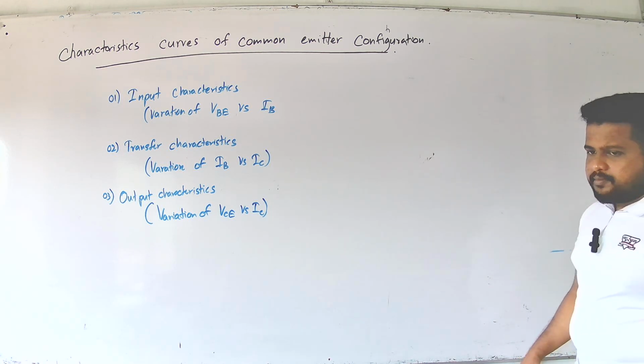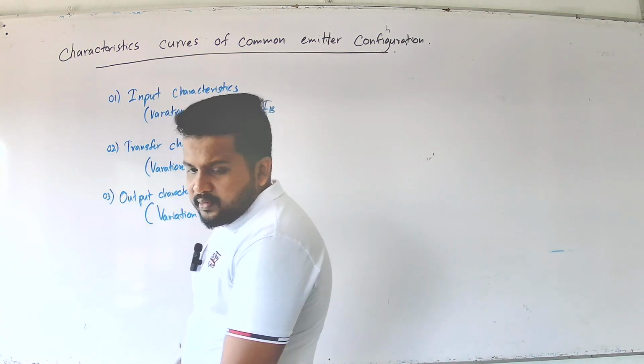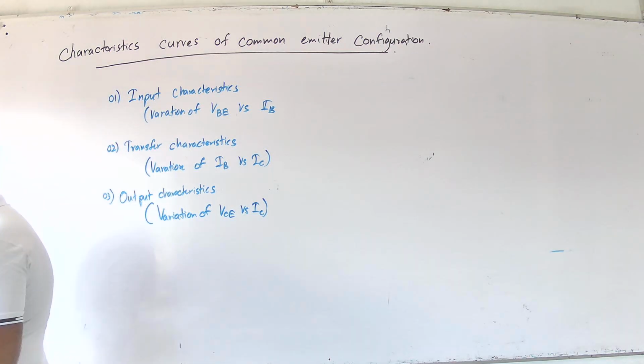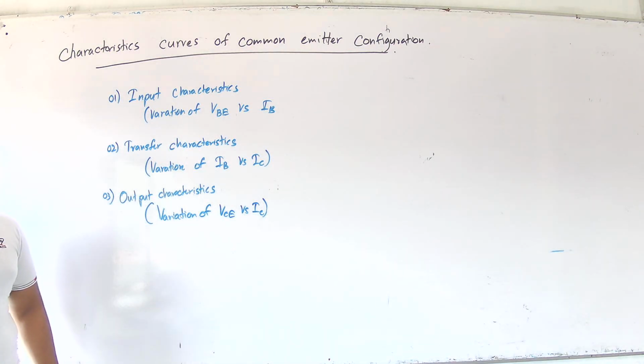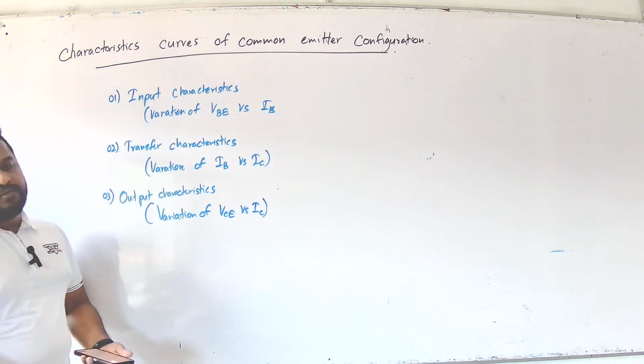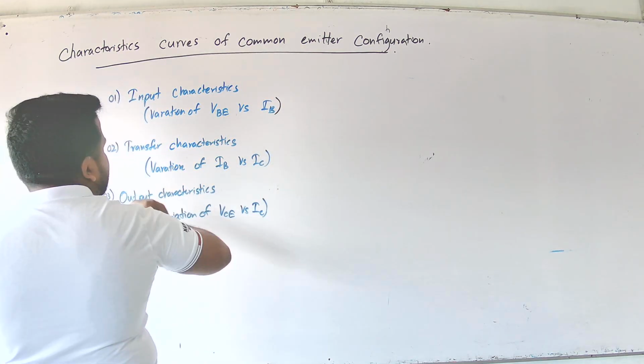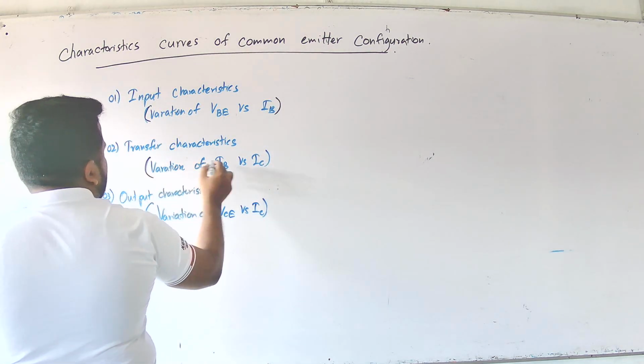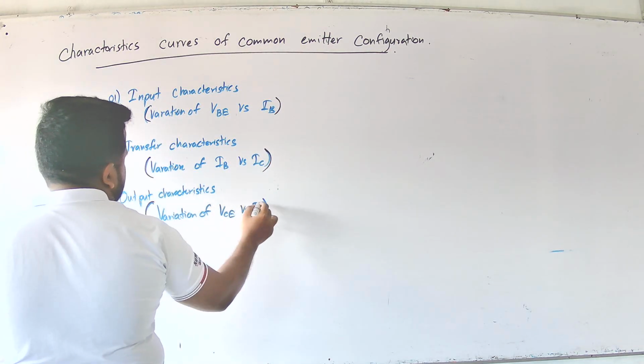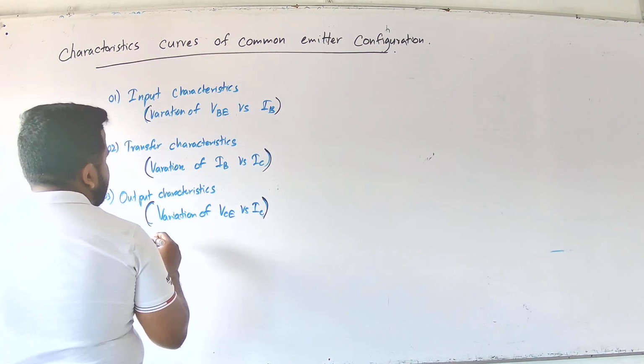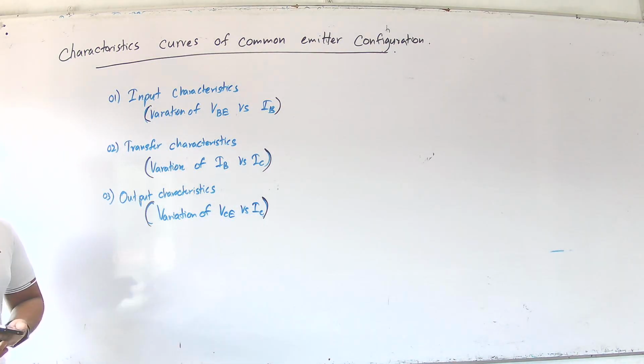Write down number one: input characteristics, variation of VBE versus IB. Output characteristics, the transfer characteristics, and we have to study separately. Right? Okay, write down this one. Input, transfer, output characteristics.